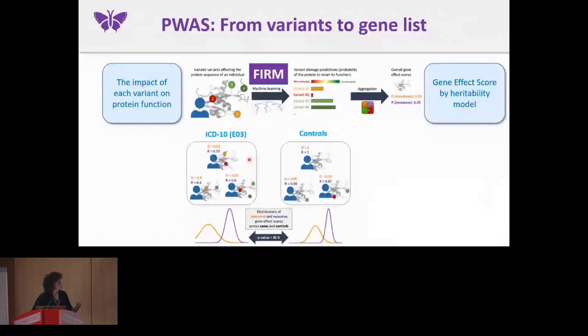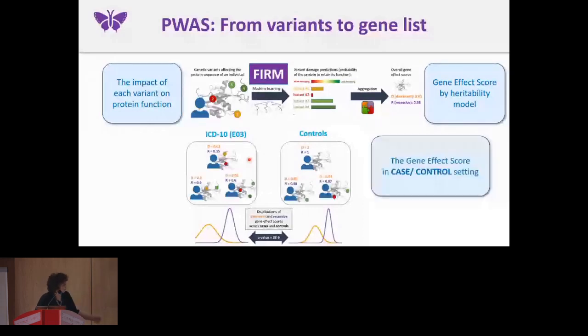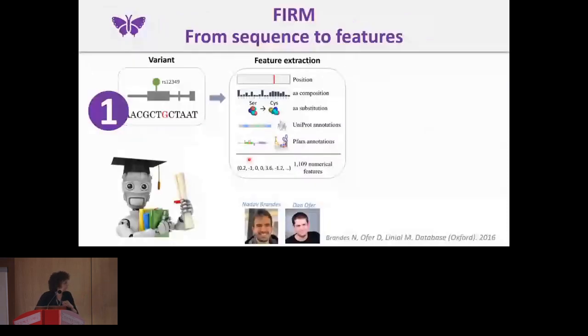Then we want to get a gene effect score by heritability model, by thinking what happens if we are talking about recessive, what happens if we are talking about dominant. So really to do both. And then we have case control. So the effect score is analyzed for case control, and then we do pretty straightforward statistics, like in regular GWAS.